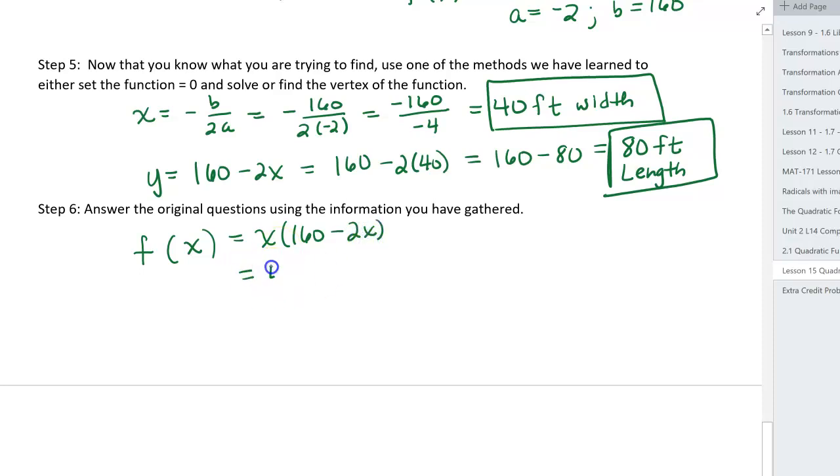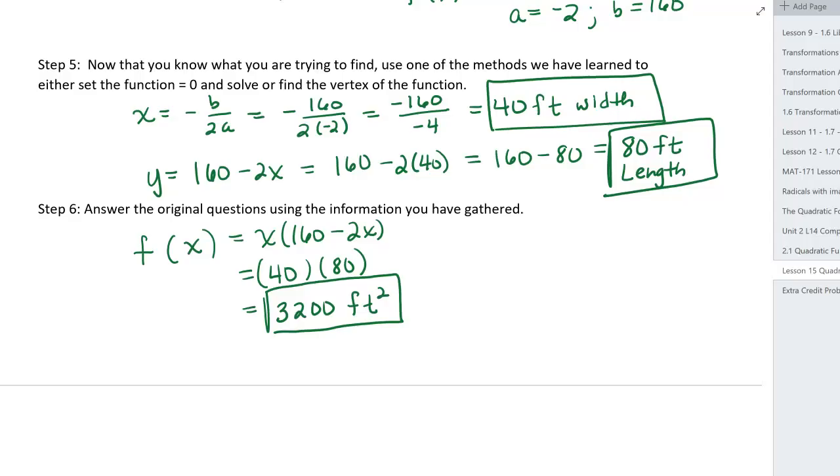Well, x is 40. We just found 160 minus 2x up here, and that was 80. And 40 times 80 gives you 3,200. And in this case, since it's area, it would be square feet. So the dimensions are 40 by 80, and the maximum area is 3,200 square feet.